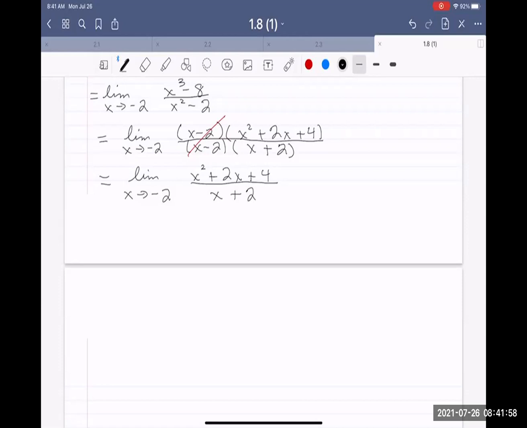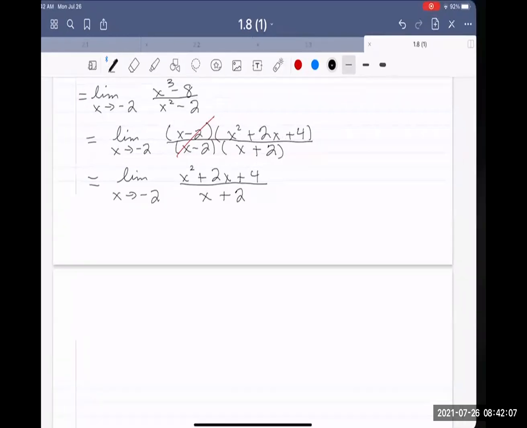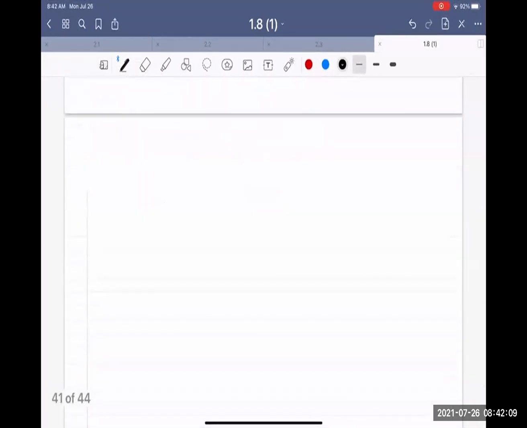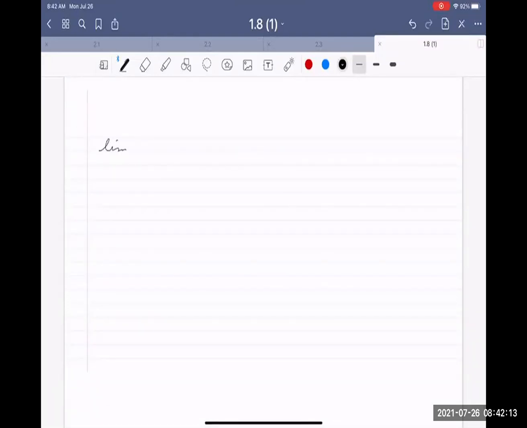So let's look at one-sided limits. If I look at some one-sided limits, maybe I can figure out what's going on. So let's look at the limit as x approaches negative 2, let's take positive values.